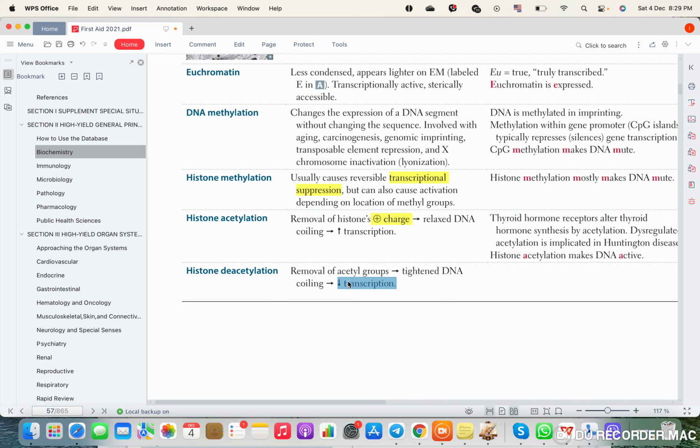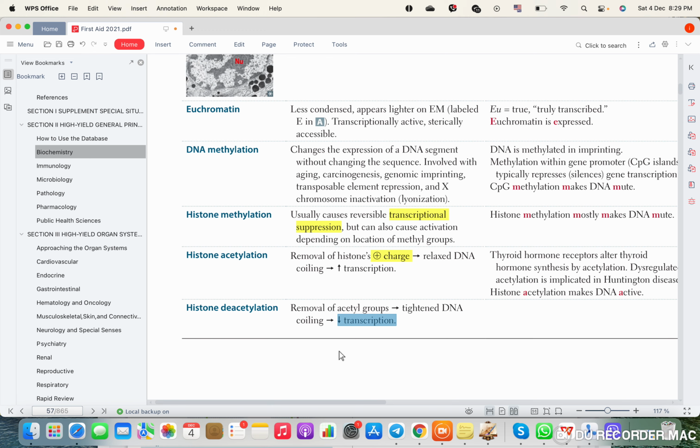Let me ask this. If you have less transcription, is this process more in the euchromatin or the heterochromatin? No. Look, less transcription is happening, which means basically it's sleeping, no transcription.